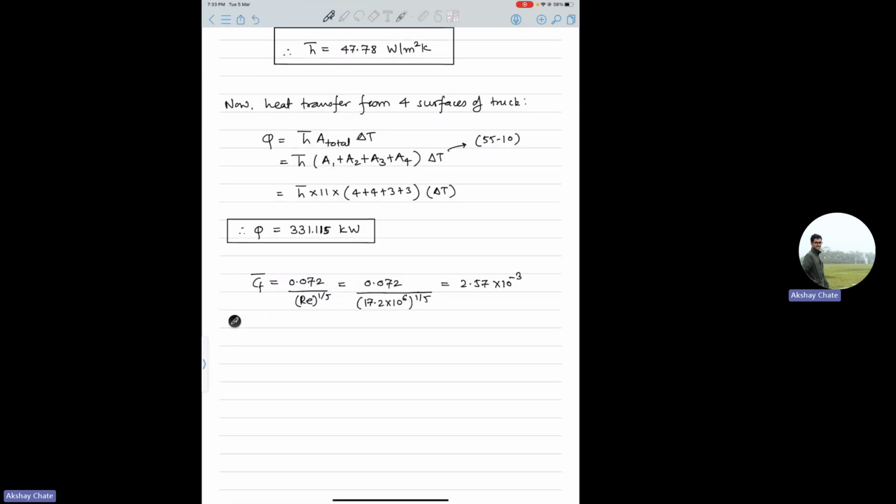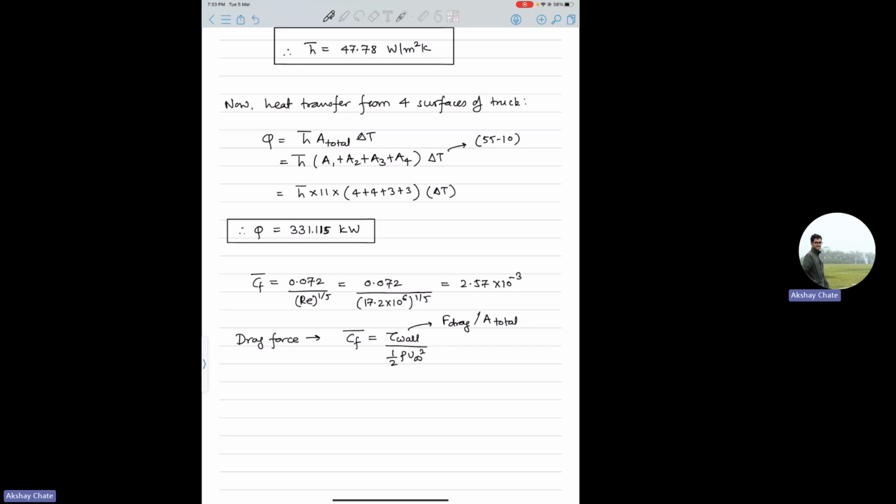And then drag force, how do you calculate? We know that this drag coefficient is nothing but wall shear stress divided by half into rho u infinity square, right? And wall shear stress is nothing but drag force divided by the total area, because shear stress is Newton per meter square.